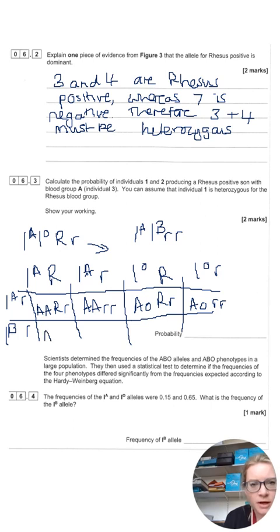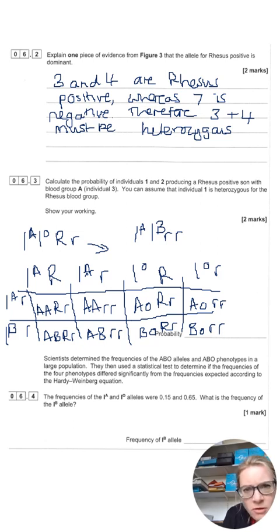This one is A, B, big R, little r, A, B, little r, B, O, big R, little r, and this one is B, O, little r.